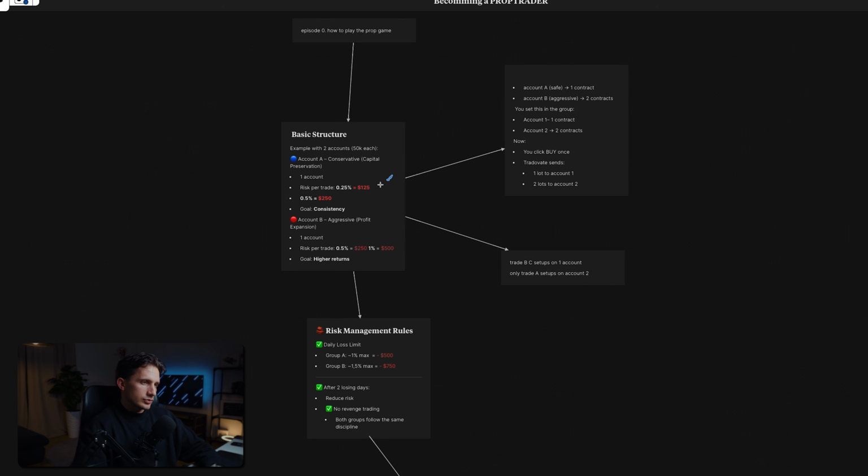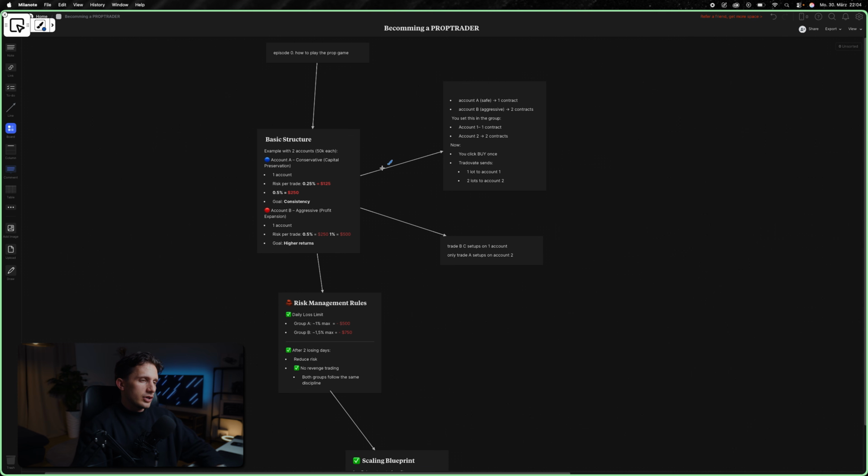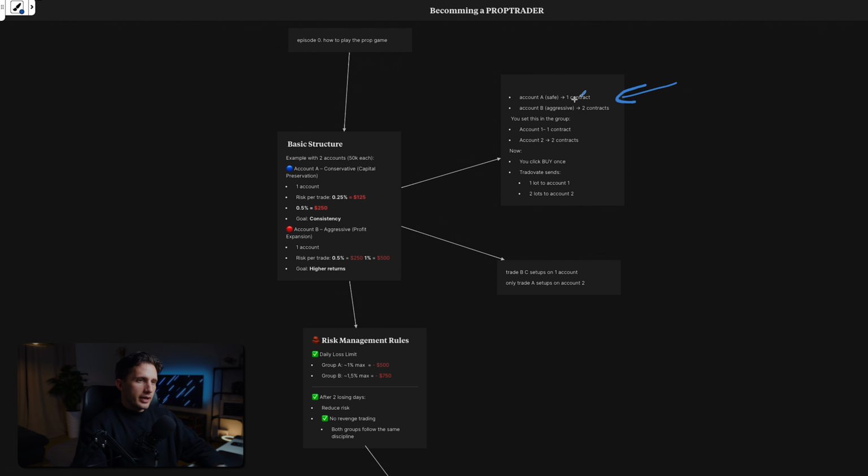I have 2 accounts. The first account is less risk. The second account is high risk. Well, let's not say high risk, we are looking for higher returns. How can we play this now? First of all, you look out for your setups, whether it's the ORB strategy or something else. But how you can play this is you put on a group and you set your first account to 1 contract. You can also do this with micros, but for right now we are looking at 1 contract and 2 contracts.